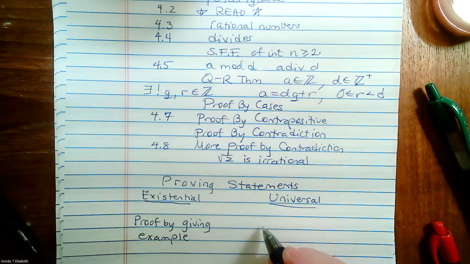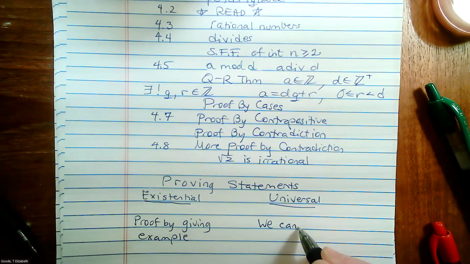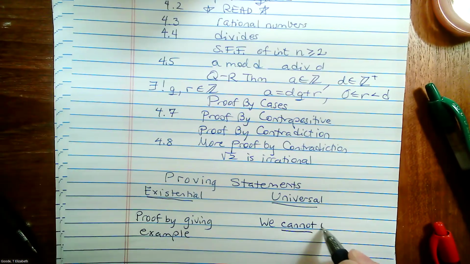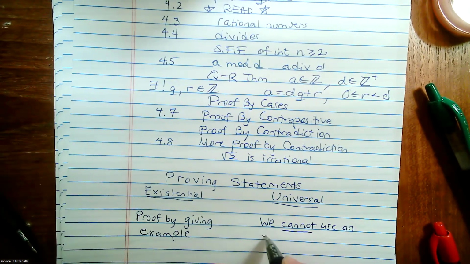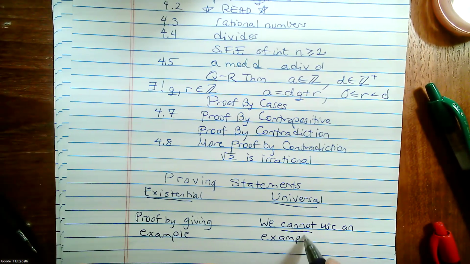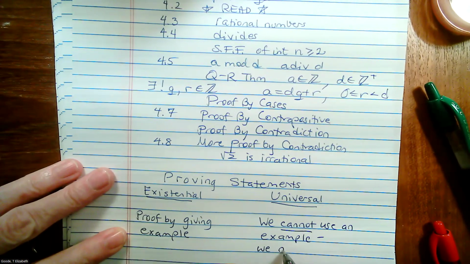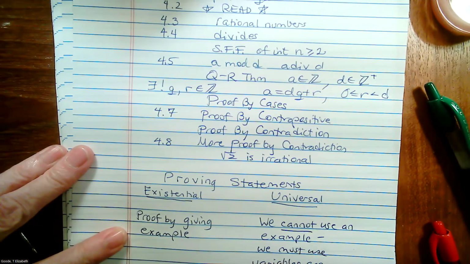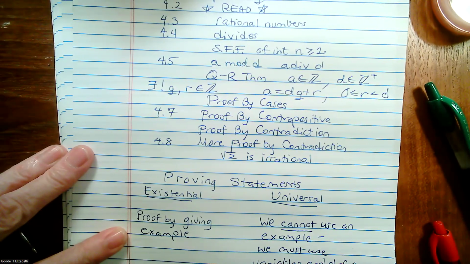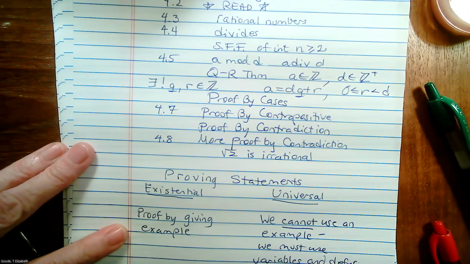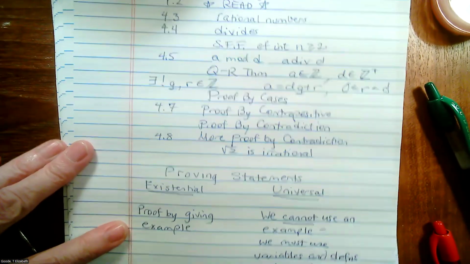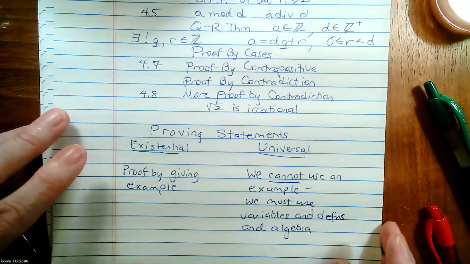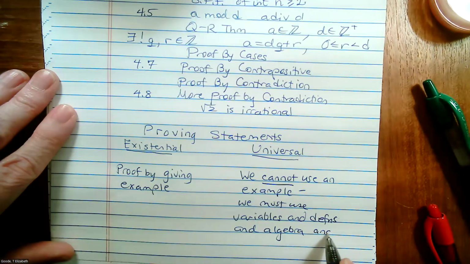But for universal, we cannot use an example. We have to use variables and definitions and algebra and stuff, and things we may assume without proof.